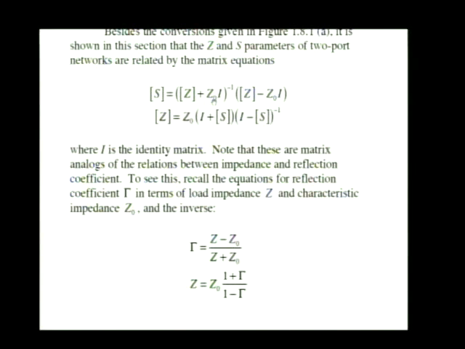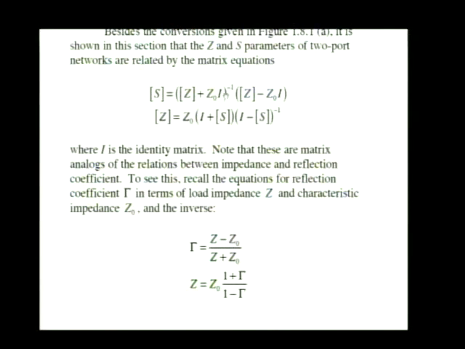Same equation, only in matrix form. And of course, you can't just take a matrix and add or subtract Z0. You've got to make Z0 into a matrix. The simplest way to make Z0 into a matrix is just multiply the identity matrix times that factor of Z0. So that equation and that equation are analogous to each other.